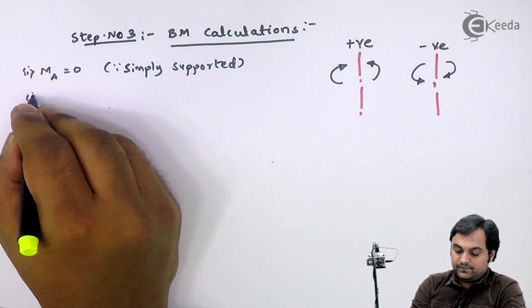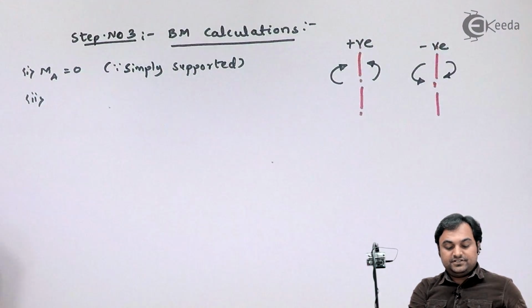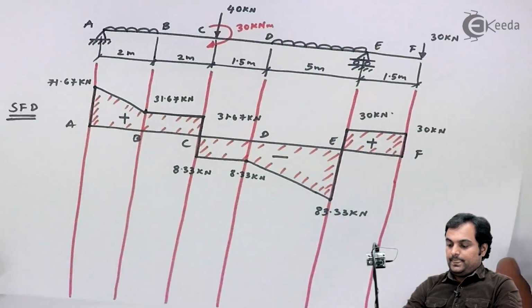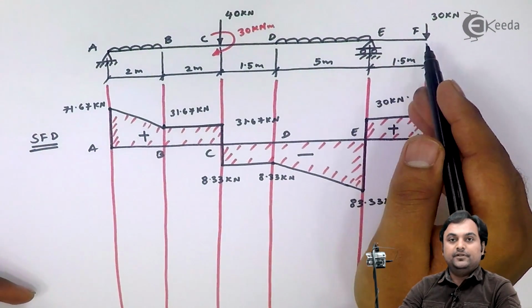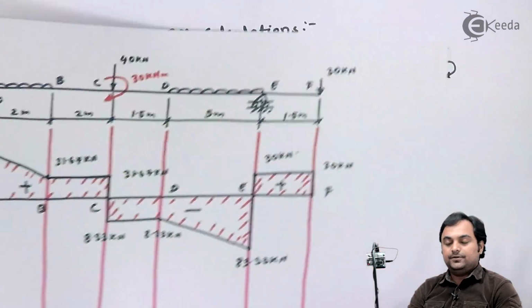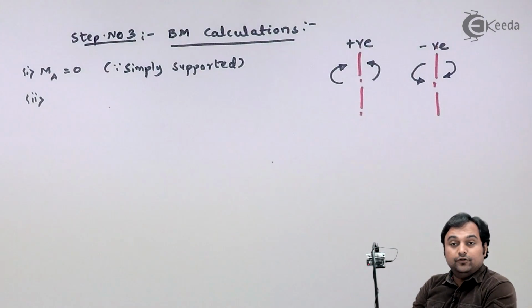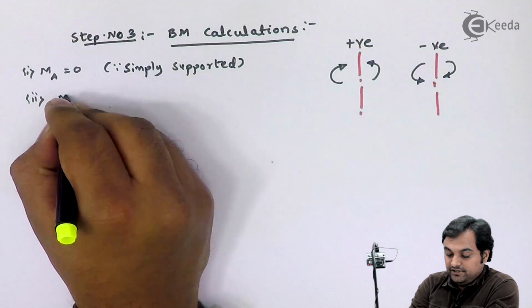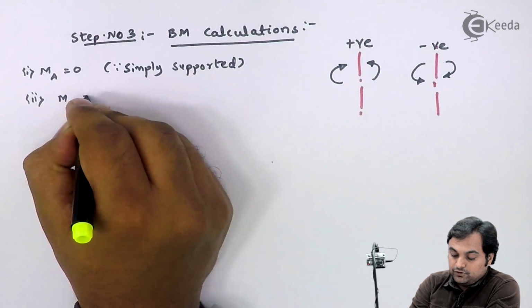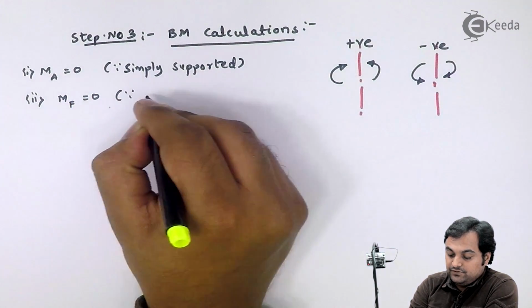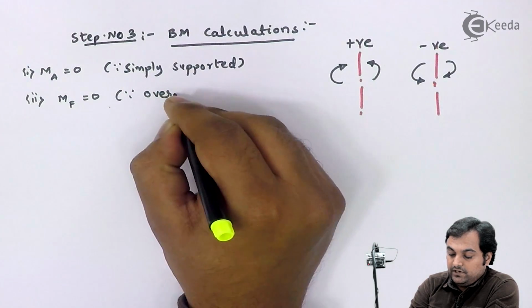Next, at the free end, which is F, at point F bending moment will be 0 because it is overhanging portion, and we know for overhanging portion the moment is 0. So bending moment at F is equal to 0 since it is overhanging.